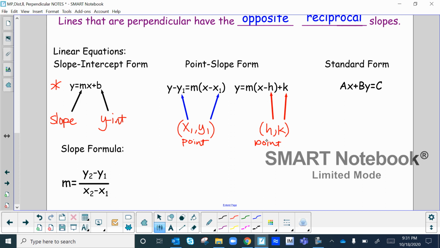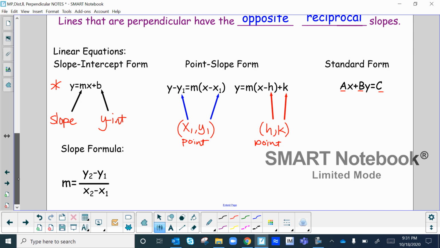And then on this far right, we have standard form. The A, the B, and the C are just simple coefficients or constants. These are numbers. They are neither your slope nor y-intercept, so you have to change the standard form of an equation to look like the slope-intercept form if you want to know the slope and y-intercept.